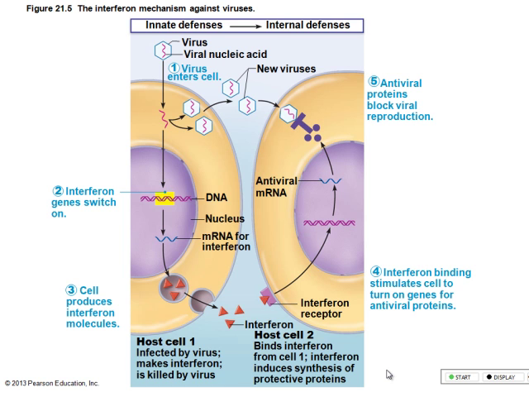How do viruses work? Anybody know? Why are they such a pain in the neck? Well, they actually take over your DNA. So when a virus infects a cell, your cell is called the host, because viruses are like parasitic.